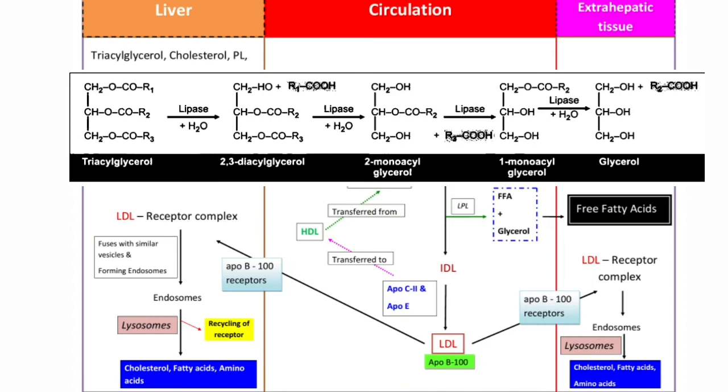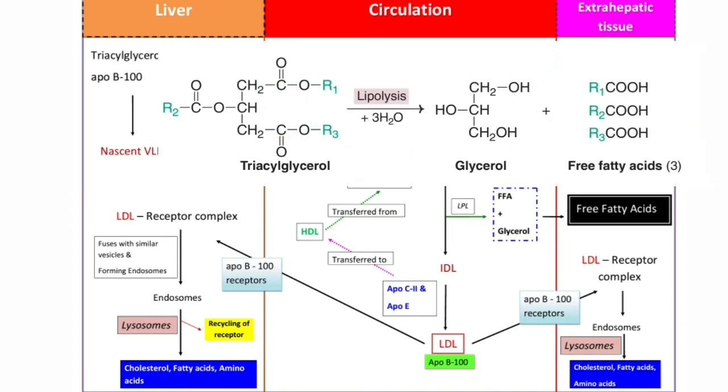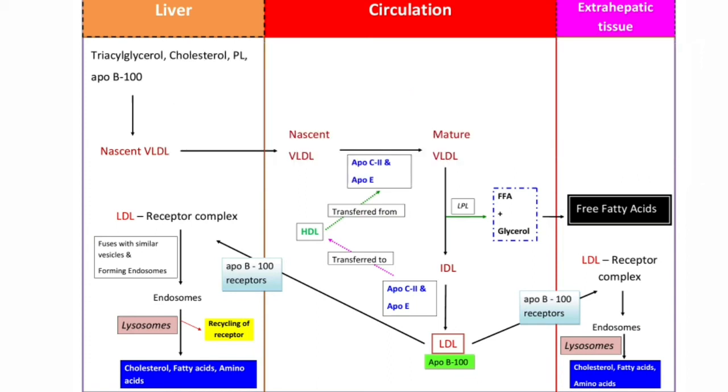In this way, 3 fatty acids and 1 glycerol are released by the action of lipoprotein lipase on triacylglycerol. This lipoprotein lipase is activated by ApoC2 and phospholipids, whereas ApoA2 and ApoC3 act as inhibitors of lipoprotein lipase. Most of the free fatty acids released are transported into the tissues, whereas some return to the circulation attached to albumin.